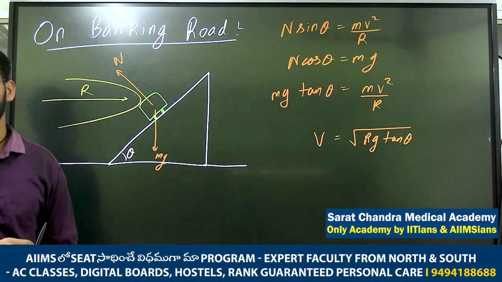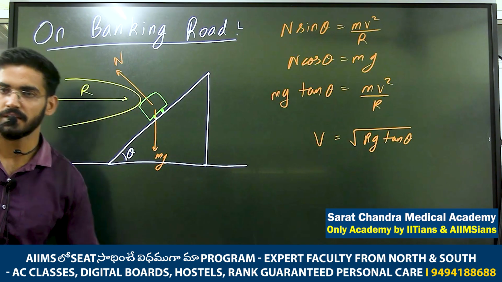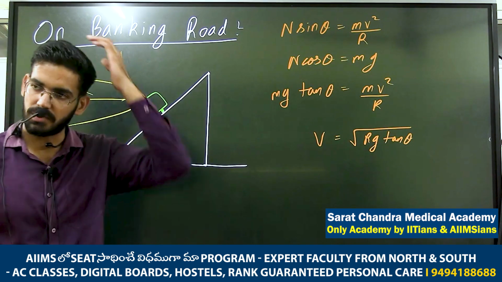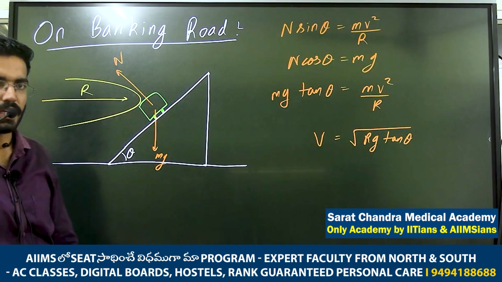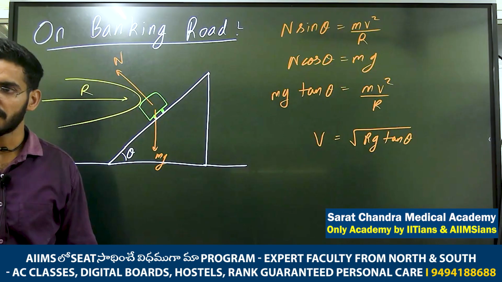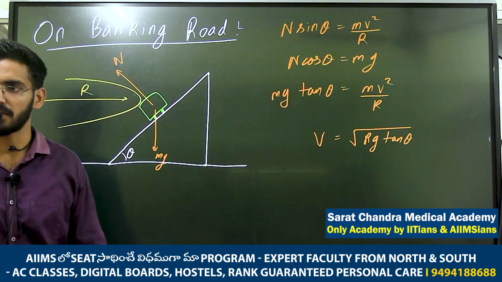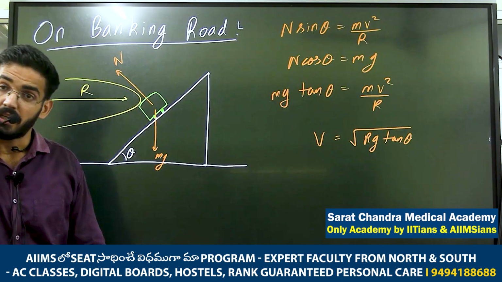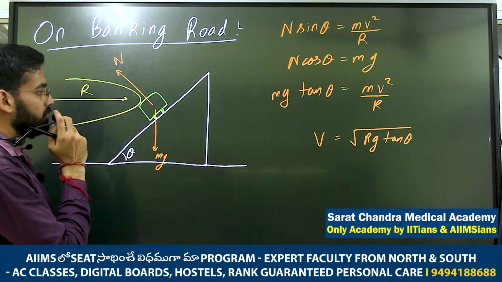And there is something remaining that will make him slide down. Like this you can understand. Or when centrifugal force comes, it will be very easy to understand. So currently understand like this: if you slow down, you will slide down. And if you go fast, you will slide outward. In terms of centrifugal force we can say it easily, but I will not explain by that.